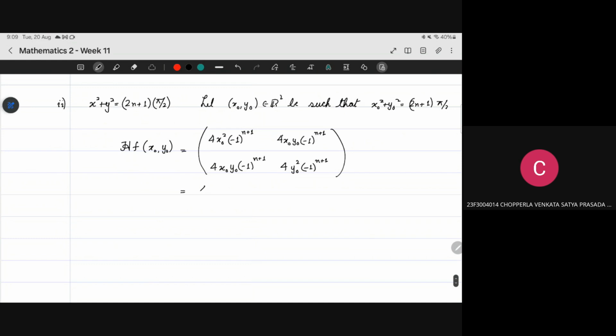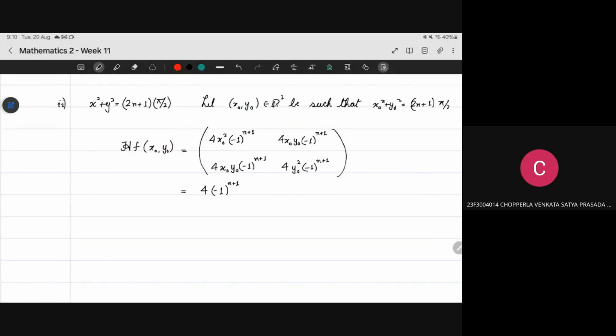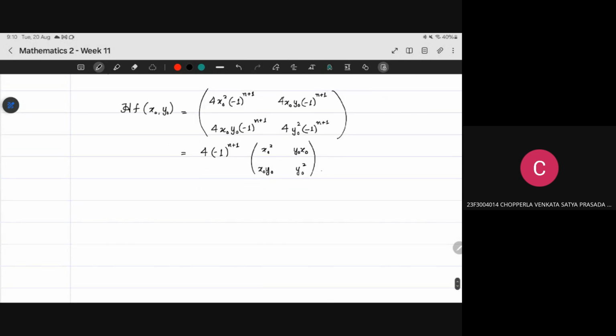So this is nothing but 4 into minus 1 to the n plus 1 times the matrix x naught square, y naught x naught. Fortunately, this will be 0.